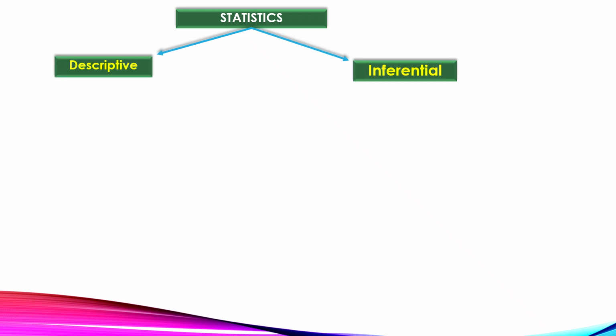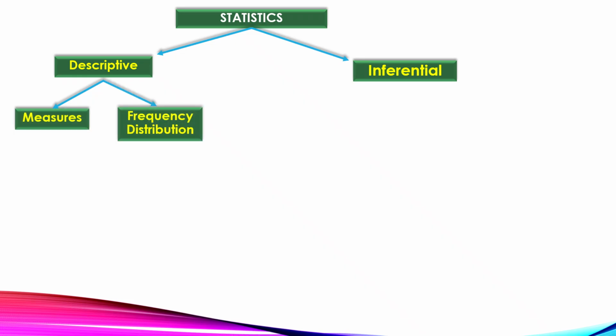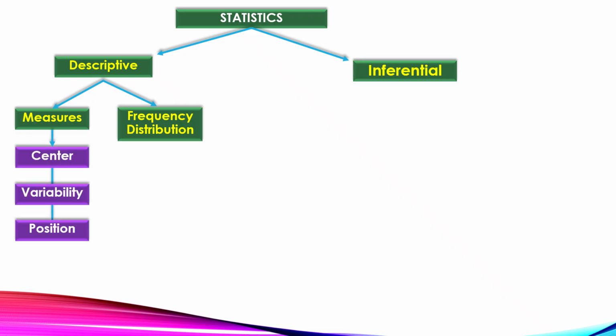So let me illustrate to you the overview of statistics using this diagram. We have descriptive and inferential, so there are two types of statistics. Under descriptive are measures and frequency distribution. Under the measures, there are three: measures of center, measures of variability, and position.